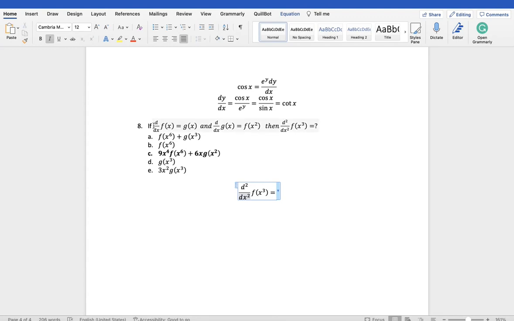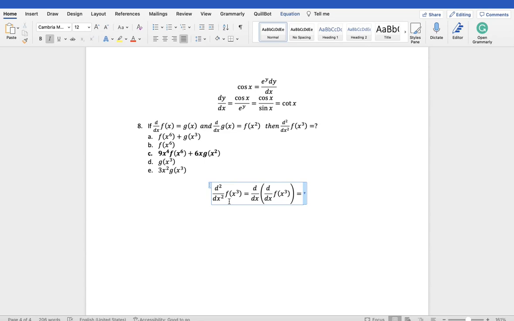You're given that the derivative of f of x is equal to some function g of x, and the derivative of that function g of x is equal to x squared. So the second derivative is just the derivative of the first derivative, so it's the derivative of the derivative of f of x cubed.